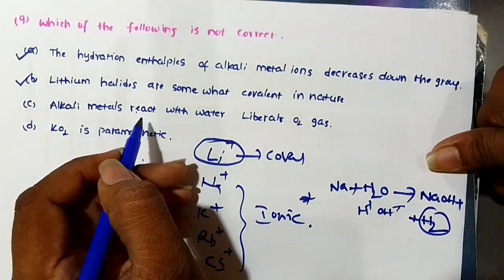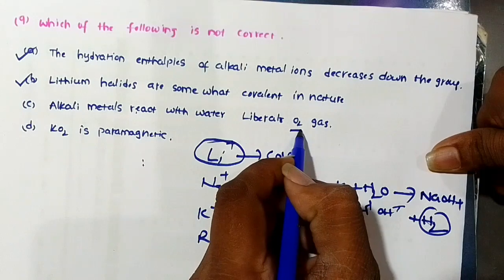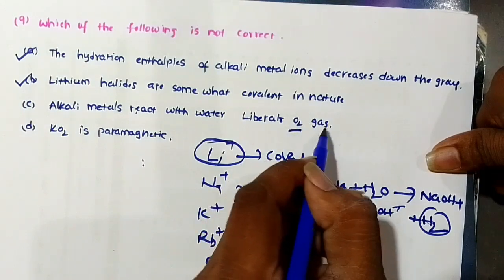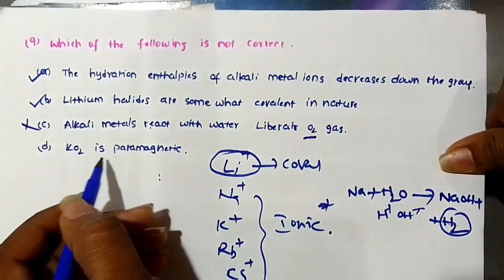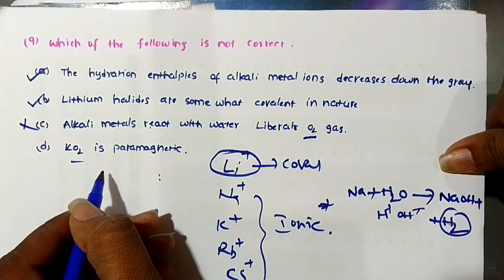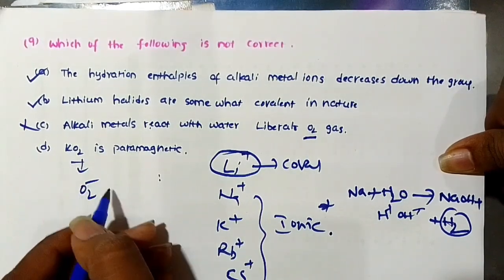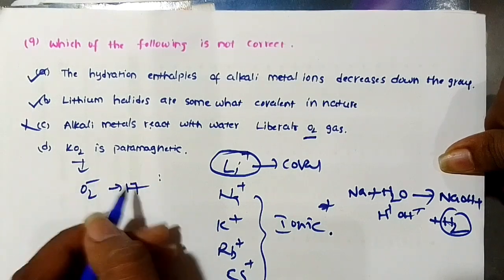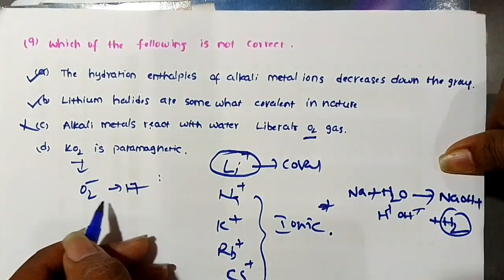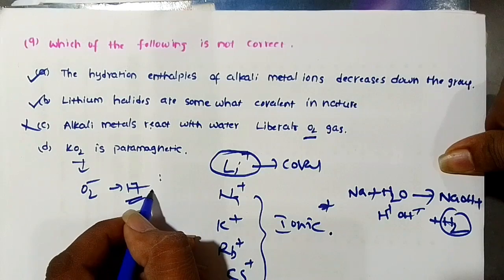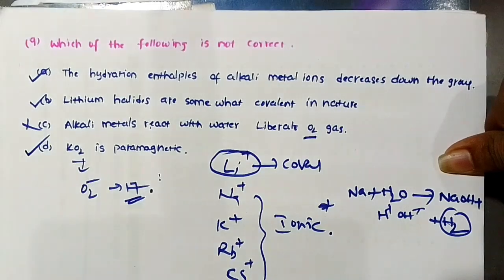So alkali metals react with water to produce hydrogen gas, not oxygen gas. This is wrong. KO2 is paramagnetic. Yes, KO2 is paramagnetic because it contains O2 minus, which has 17 electrons. If any species contains an odd number of electrons, it is paramagnetic. That is a correct statement.